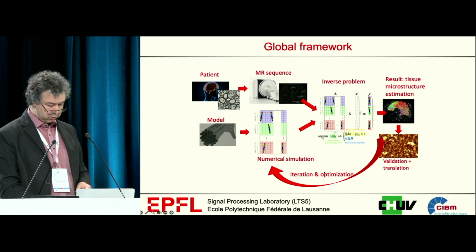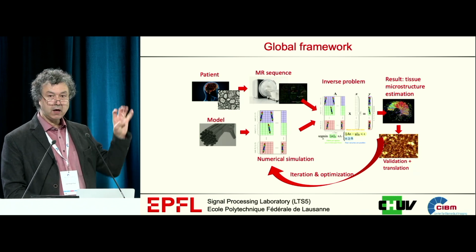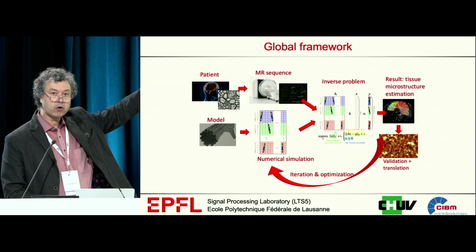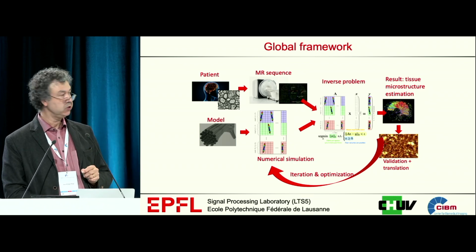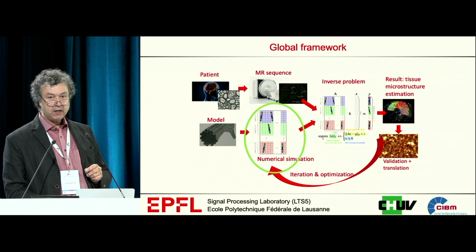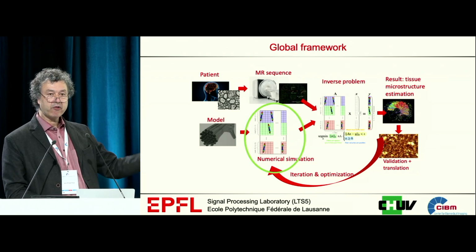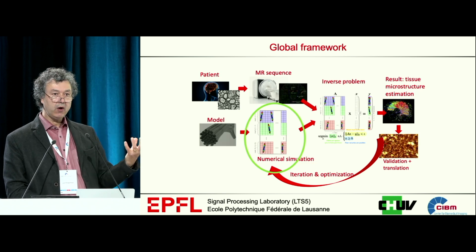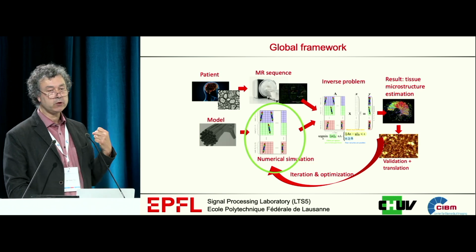And I would like just to now spend a few minutes, not too many, I promise, on the different steps for completing this global framework, because it involves quite a lot of computational research. The first one is to be able to generate the MRI signal from a known tissue, to have a way to say, if I have a tissue, this is the diffusion MRI signal that we would get.